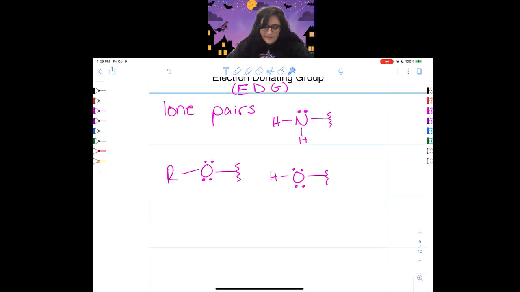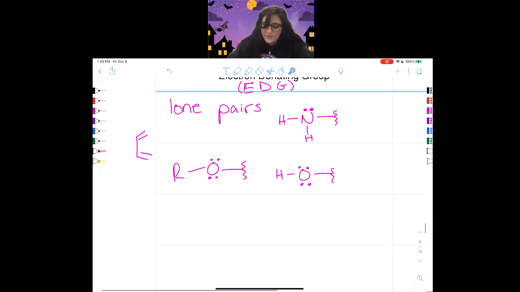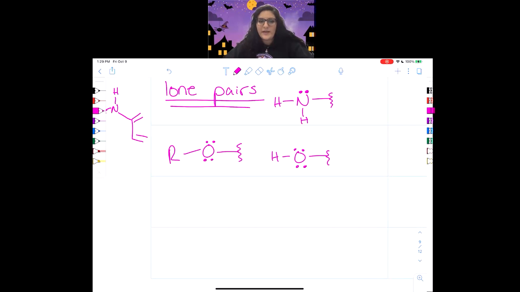So for example, if this was my diene, and I was putting this electron donating group onto it, it would attach from the squiggly line to our nitrogen, and then we would have these two hydrogens. That's another one of those things that they always just do in organic chemistry, but they don't really tell you what it means. So, all right. Lone pairs I'm underlining because any group that has a lone pair is going to be a strong electron donating group.